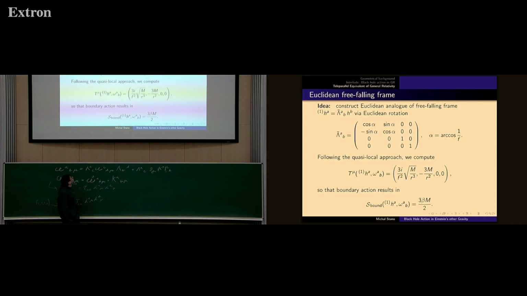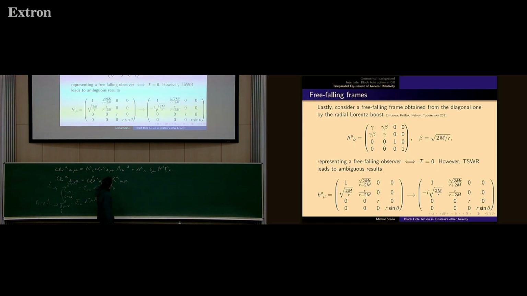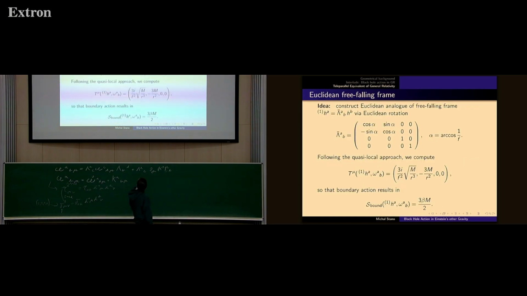Okay, so there's an alternative way to obtain this frame.